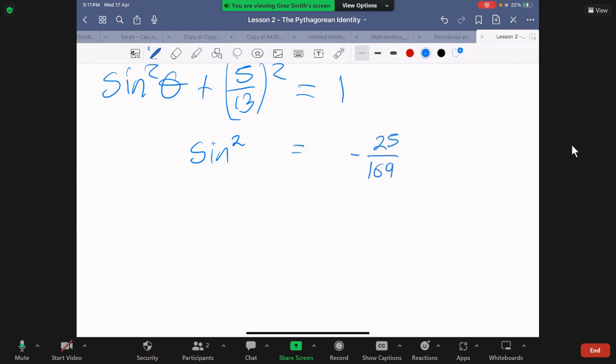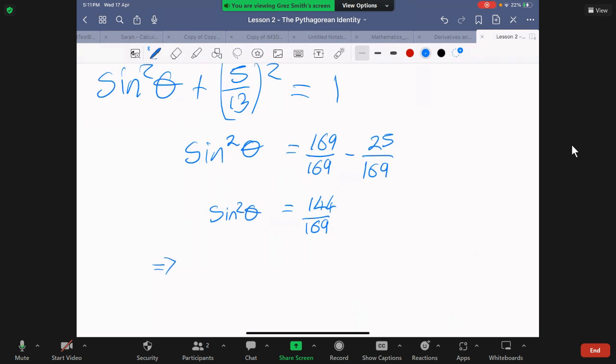So I'll immediately turn this into 169 over 169. If I do the subtraction, I get 144 over 169 is equal to sine squared theta. This implies that sine theta is equal to plus or minus 12 over 13.